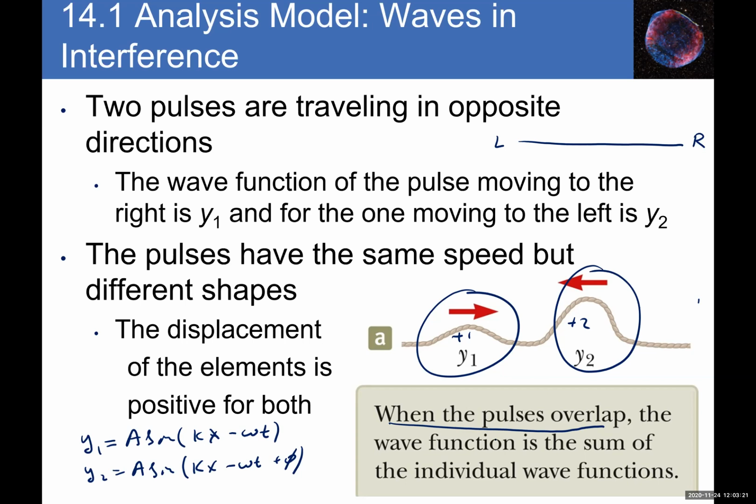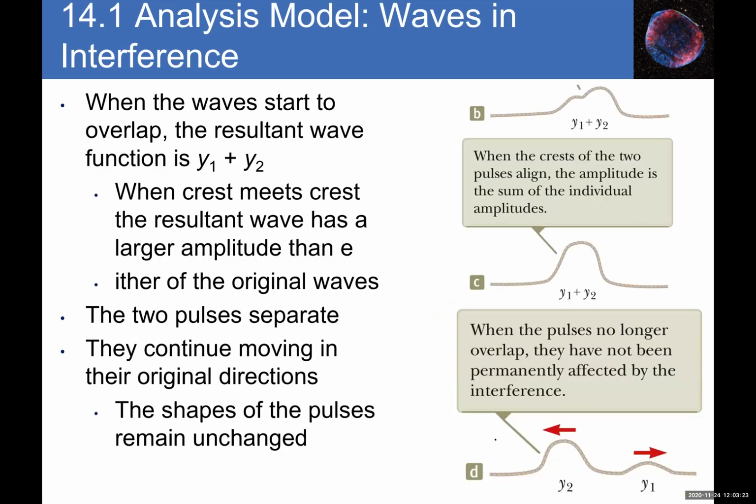Here's the region where they start overlapping, and a new wave is constructed. Call it y prime, which mathematically is equal to the sum of the two wave functions, y1 plus y2.